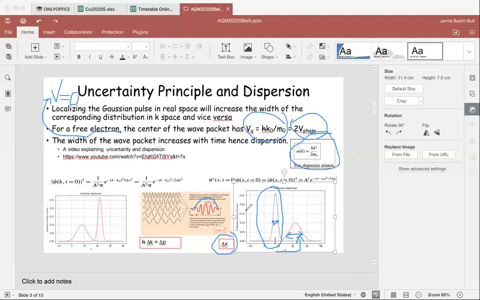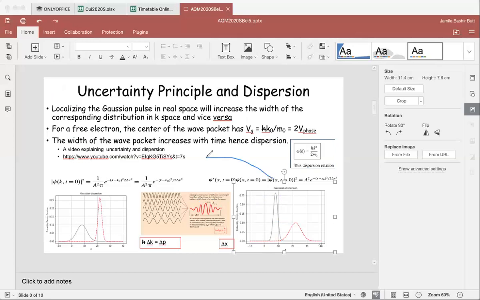So what happened to the momentum space? These are the formulas which are given in books to measure this probability in position space, and this is the probability in momentum space. So in momentum space, let's see what happened to the corresponding Gaussian distribution, which is the probability distribution.